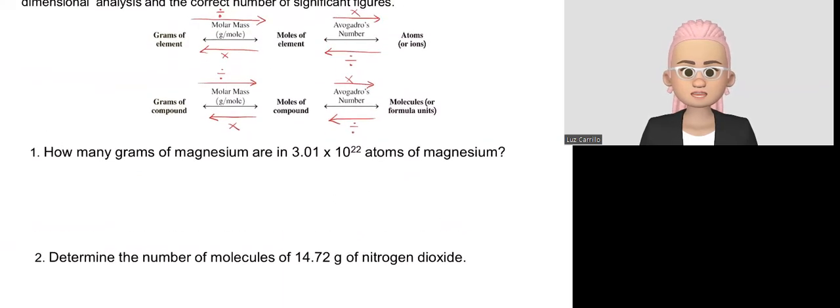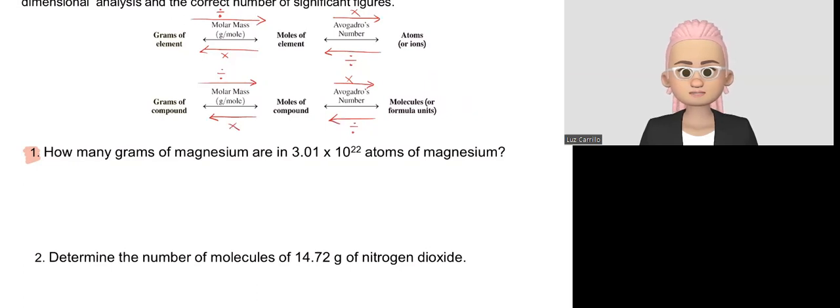So I'm going to specifically do problem number 1, which reads, how many grams of magnesium are in 3.01 times 10 to the 22 atoms of magnesium?